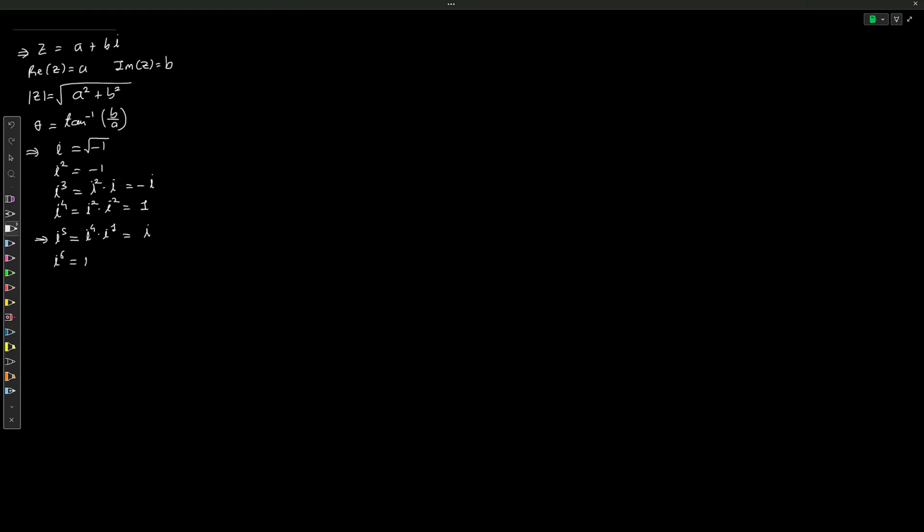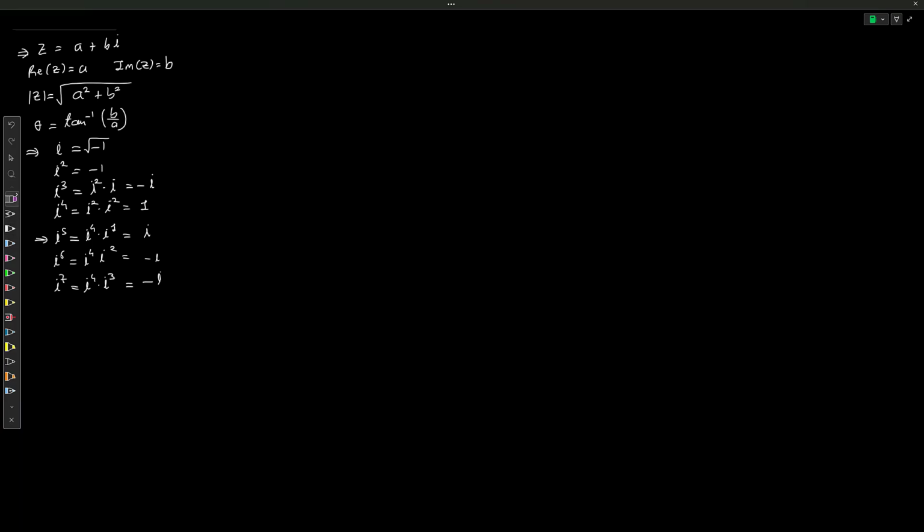In case of i raised to 6, 4 and 2, so that will be -1. I raised to 7, i raised to 4 into i raised to 3. I raised to 4 is 1, i cube is -i.